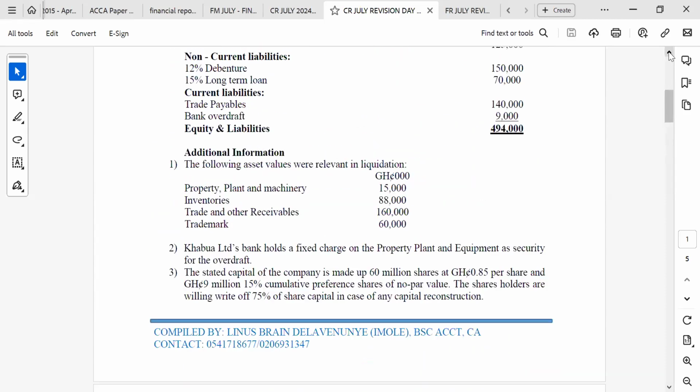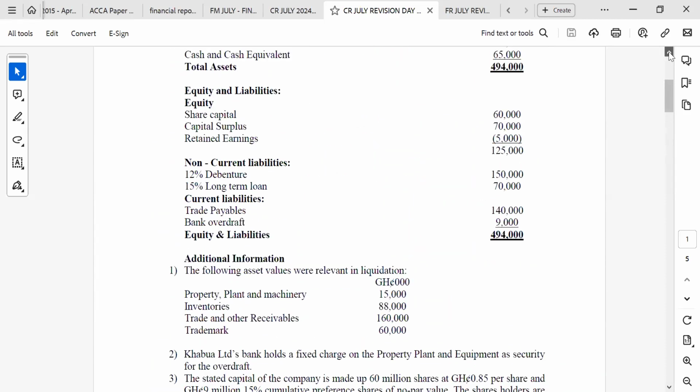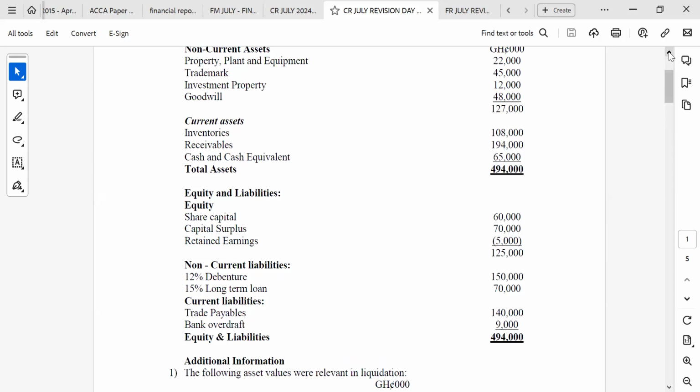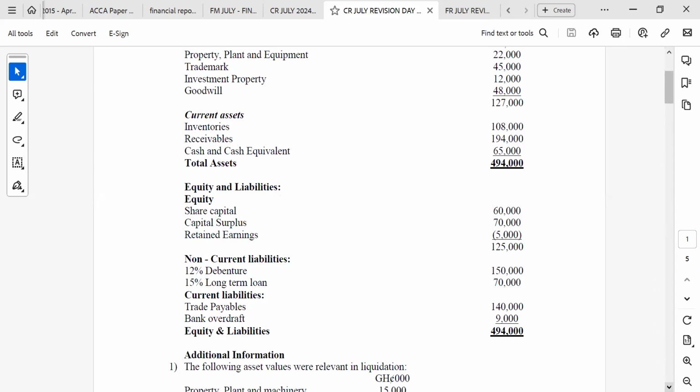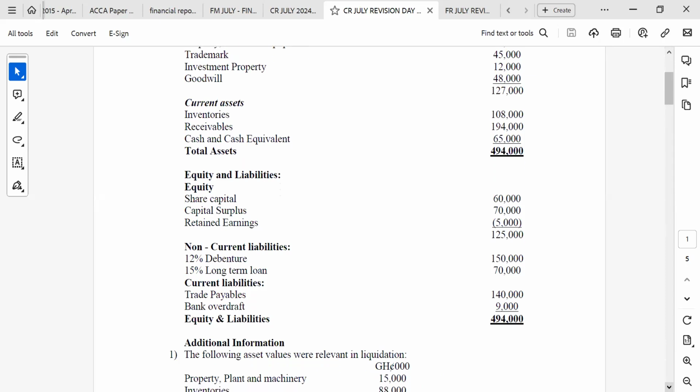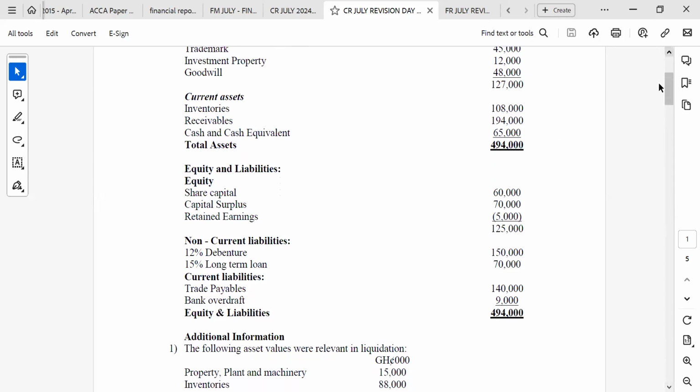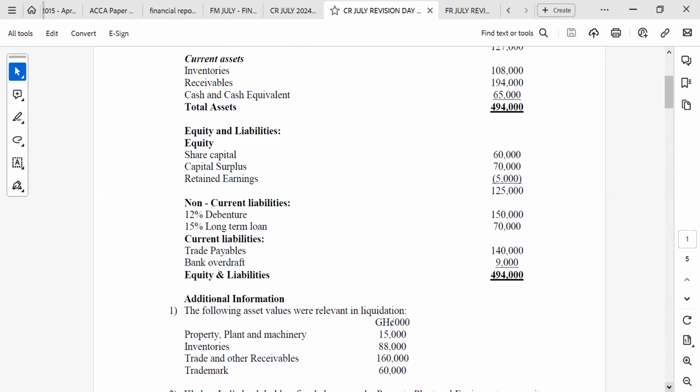Let's see. Okay, that should not be. That should be investment. They should not add property to it.